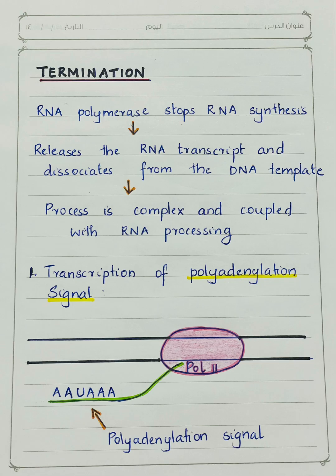The first step in the termination process is the transcription of polyadenylation signal. As RNA polymerase II elongates the pre-mRNA, it transcribes a polyadenylation signal, 5'-AAUAAA-3'. It is located 10 to 35 nucleotides upstream of the cleavage site.